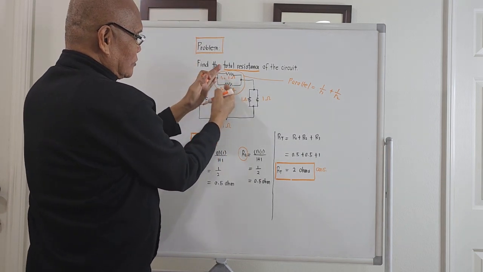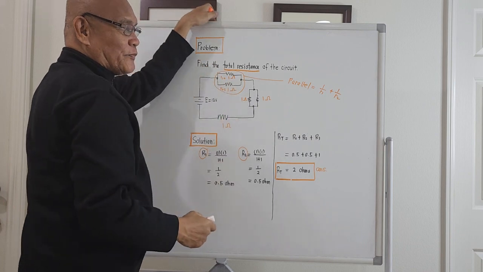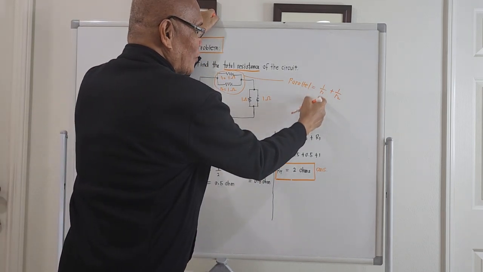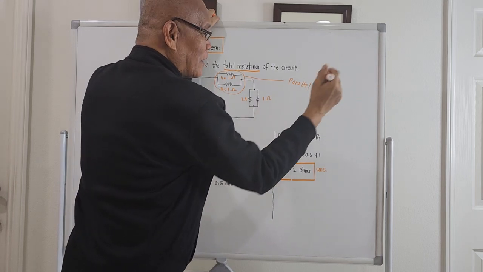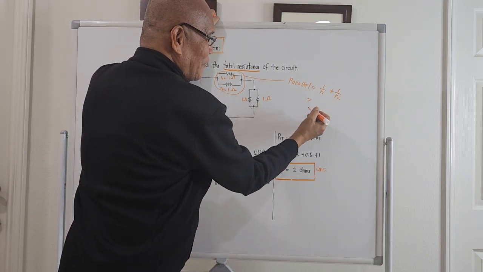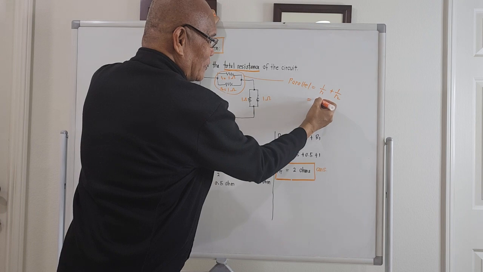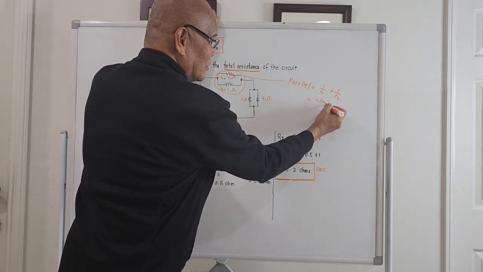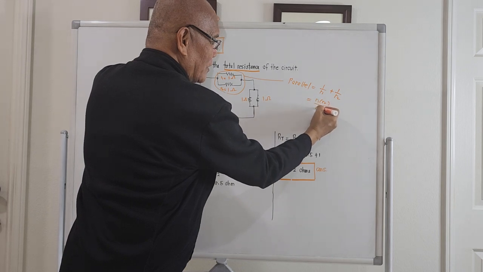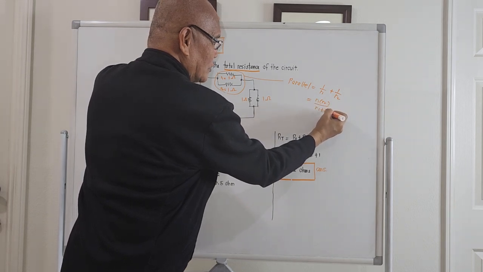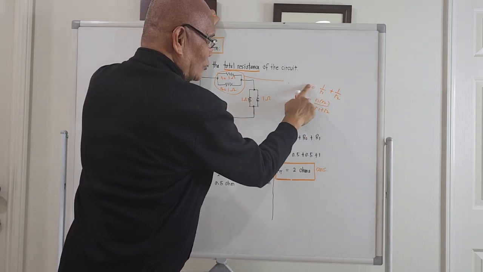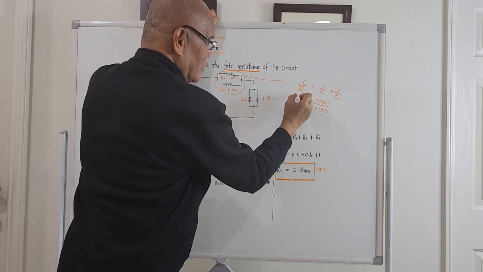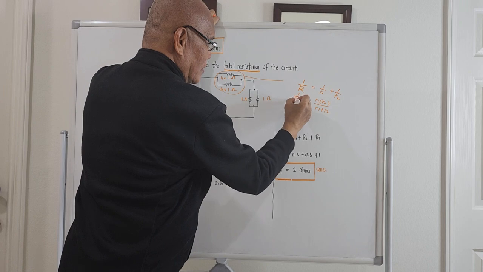Under physics, the equivalent for parallel is simply 1 over r1 plus 1 over r2. If we simplify this, it will be the product of r1 times r2 over r1 plus r2. That is 1 over r.